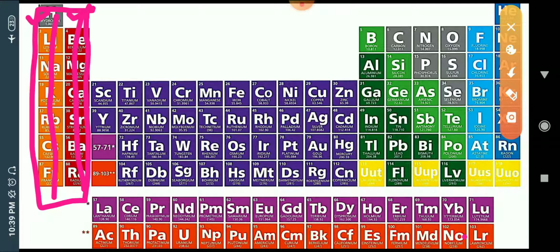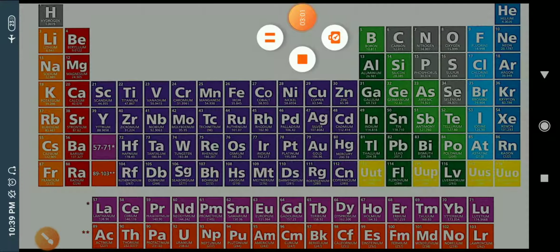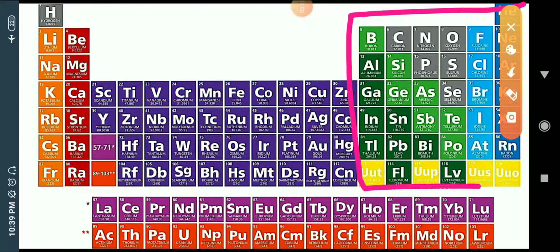Now, in the right corner there is the P block. This is the P block. The P block contains the 13th group to the 18th group.